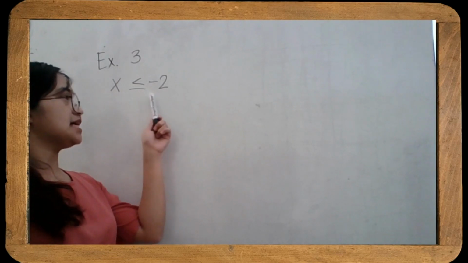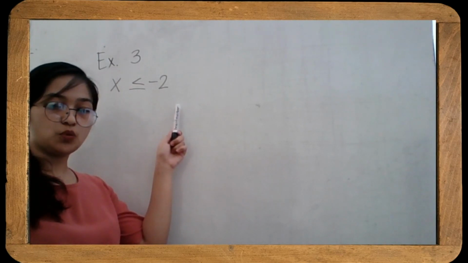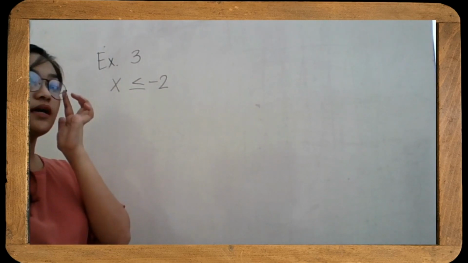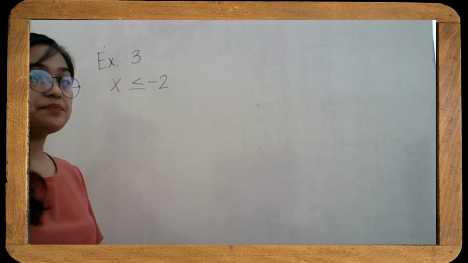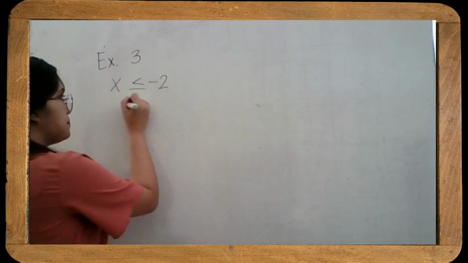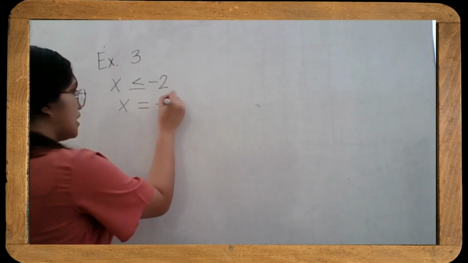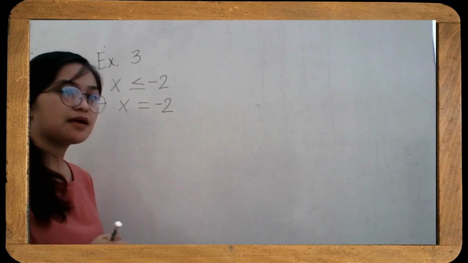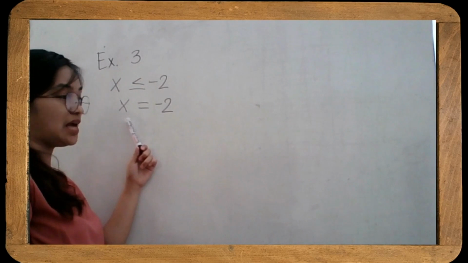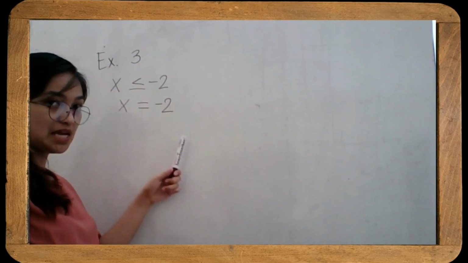We have x is less than or equal to negative 2. First of all, ang ating method ay replace the inequality sign into equality sign. So, we have x is equal to negative 2. Now class, may katabi bang coefficient si x? Wala po. So that means wala tayong i-divide both sides.